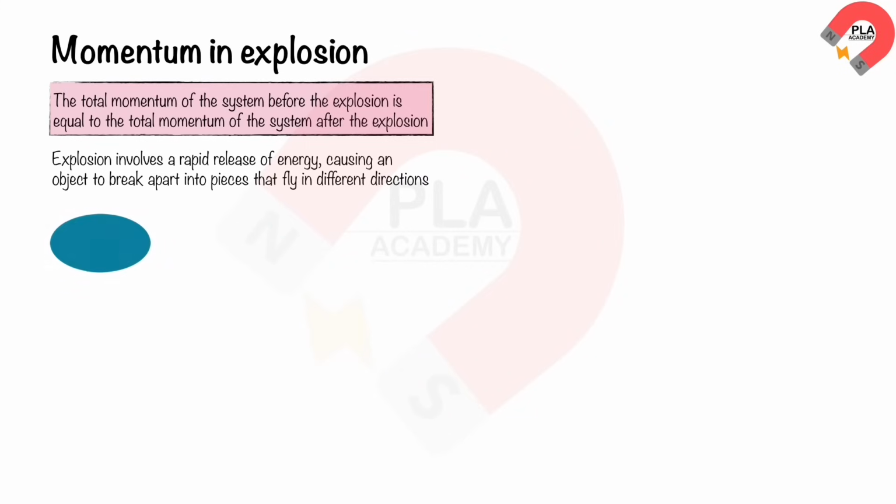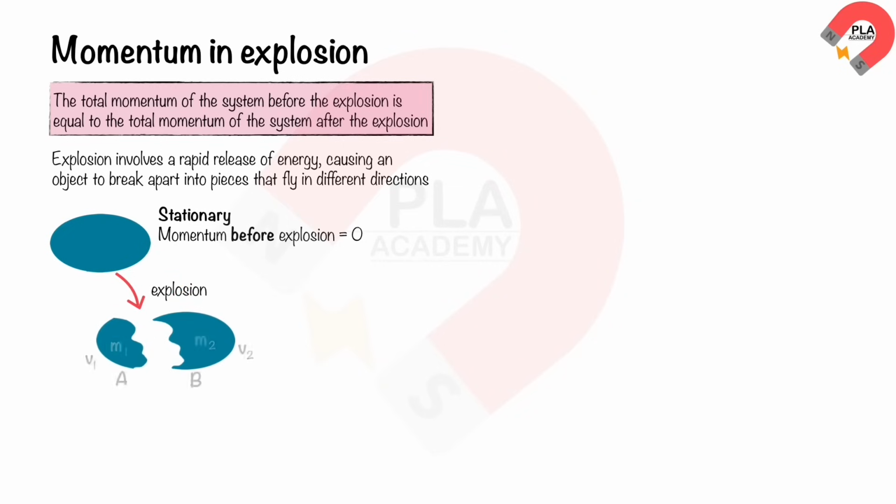Let's consider an object with mass m that is stationary before the explosion, so its momentum is 0. The object explodes into two fragments with masses m1 and m2, which move apart at velocities v1 and v2, respectively. The total momentum after the explosion is the sum of the momenta of the two fragments, m1v1 plus m2v2. Momentum is conserved during an explosion.